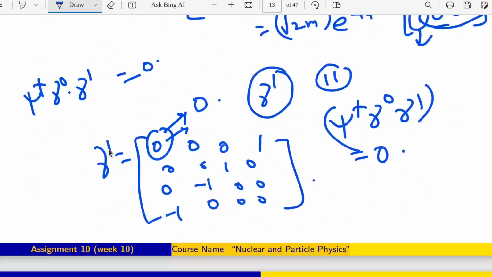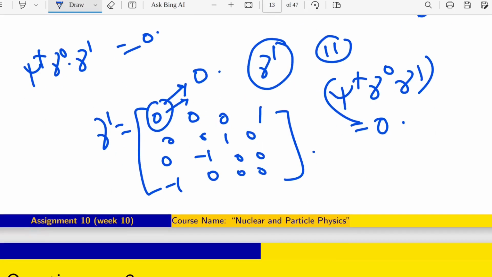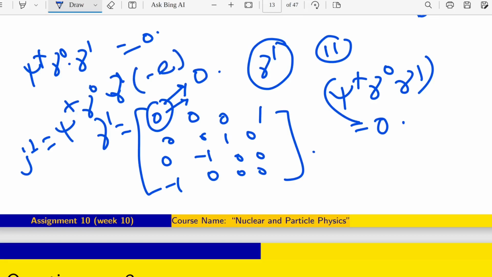So we can have the conclusion that J1 is minus e psi dagger gamma 0 gamma 1 psi, so it is nothing but 0. So J1 is 0.